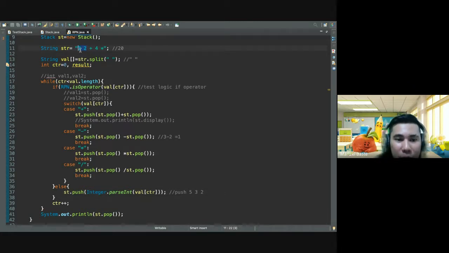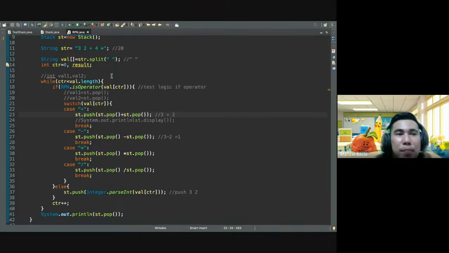So since it's not an operator, it pushes the 3 and 2. Okay? After that, plus, so it pops the 3 and 2. So it pops. So 3 plus 2. Okay?